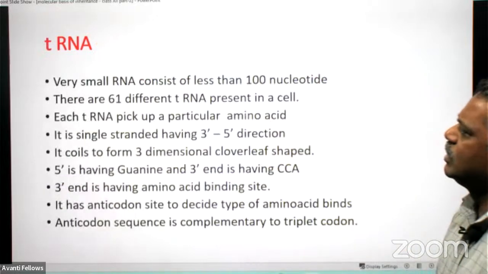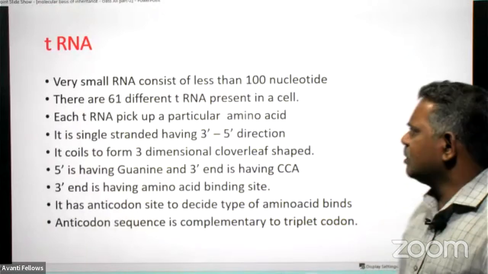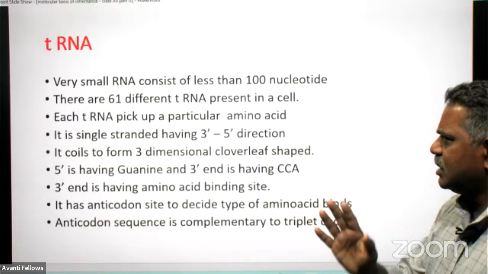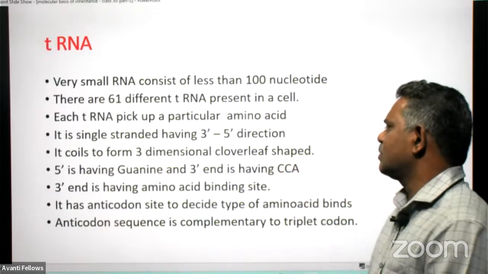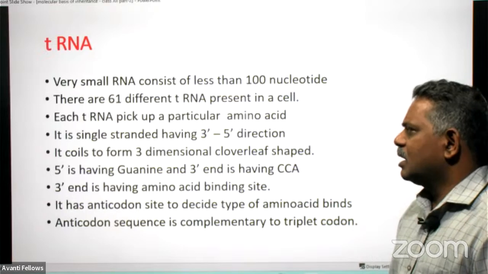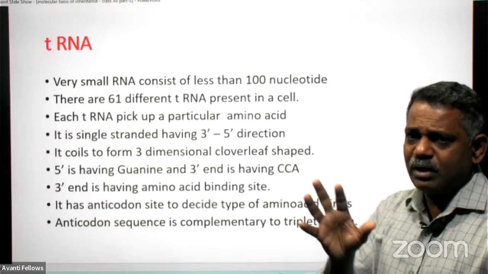Coming to the tRNA, it is a very small RNA, consisting of fewer than 100 nucleotides. There are 61 different types of tRNA in the cell cytoplasm, and each tRNA picks up a particular amino acid out of the 20 different amino acids.